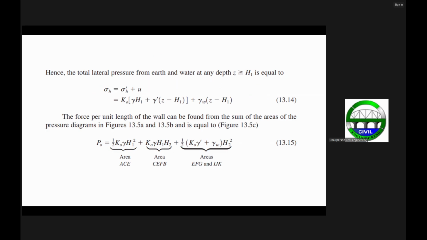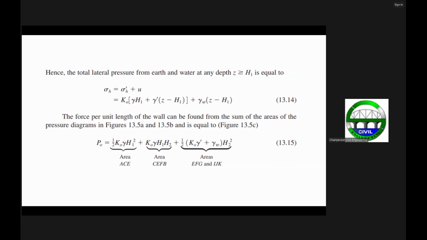So that means the total lateral earth pressure for the earth and water, for the effective stress and the pore water pressure at any depth z greater than H sub 1, that means below the groundwater table, will be equal to the horizontal effective stress plus the pore water pressure.